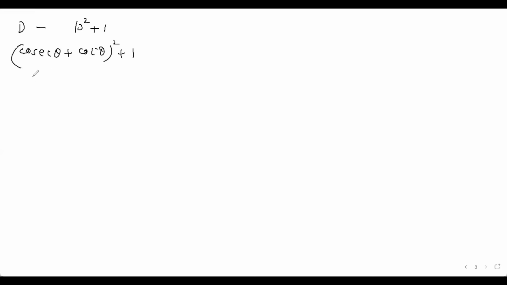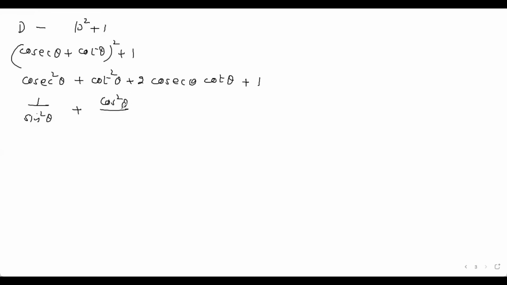It means cosec square theta plus cot square theta plus 2 cosec theta cot theta plus 1. This can be written as 1 over sine square theta plus cos square theta upon sine square theta plus 2 upon sine theta into cos theta by sine theta plus 1.